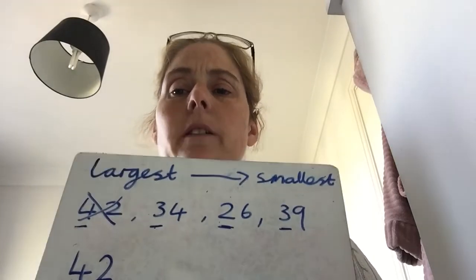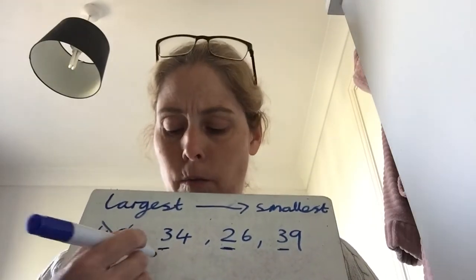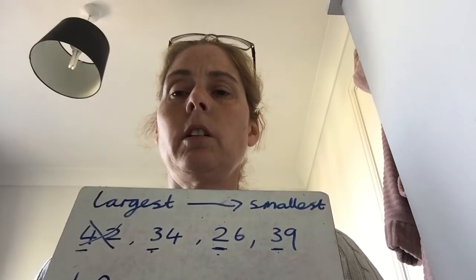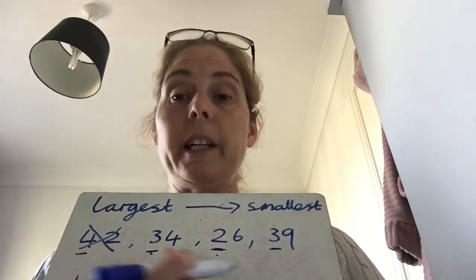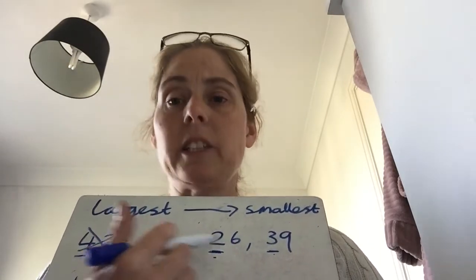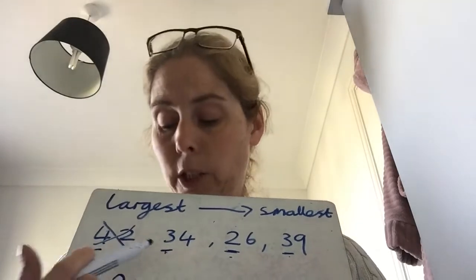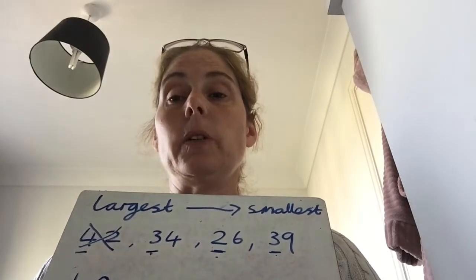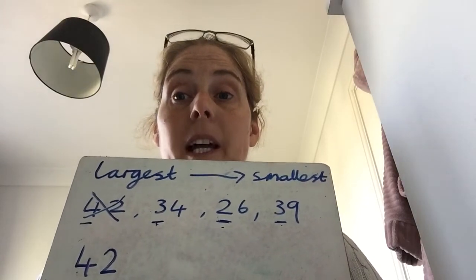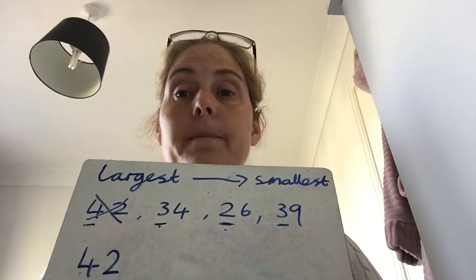Okay, what now? 3 tens, 2 tens, 3 tens. Straight away I can see that both of these have 3 tens. This one has less, so it can't be this one. It's got to be one of these two. Which one is it and why? Explain which one and why.